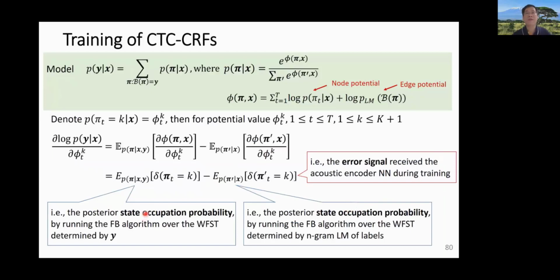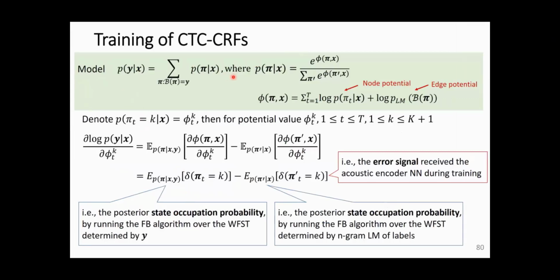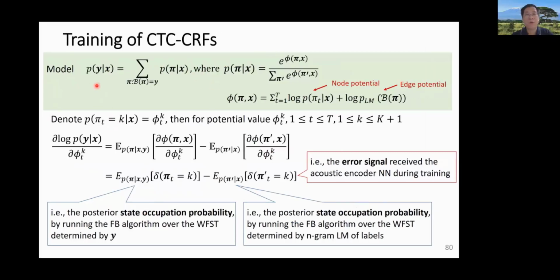Here are some further details. The model is set up. Label posterior is the sum over state posterior, and the state posterior is defined as a random field which consists of node potential and edge potential, and the network can be trained to optimize log conditional likelihood.